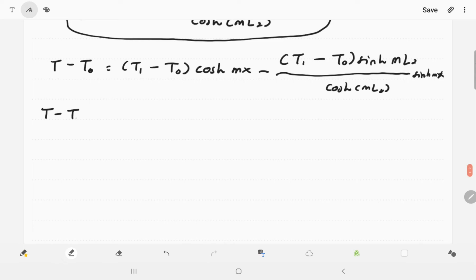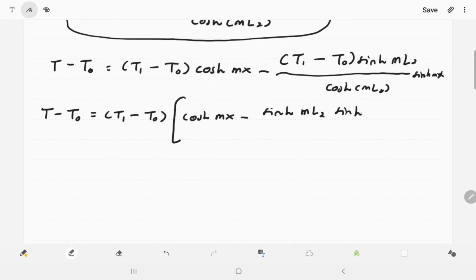T minus T0 is equal to T1 minus T0, and having a bracket in here, cosh mx minus sinh mL2 sinh mx over cosh mL2.